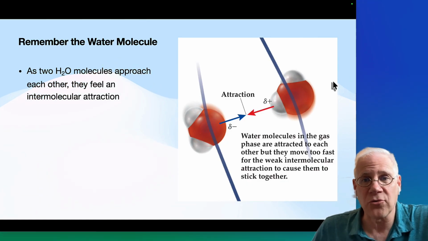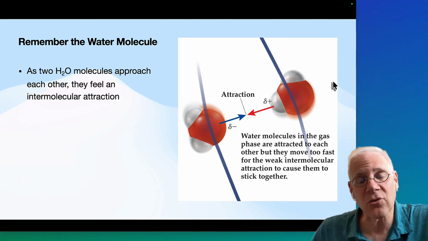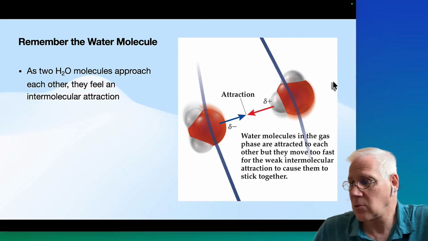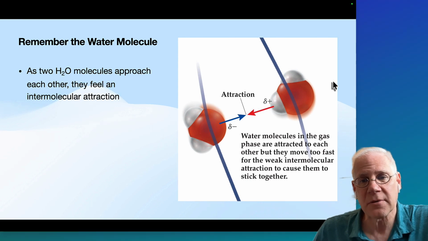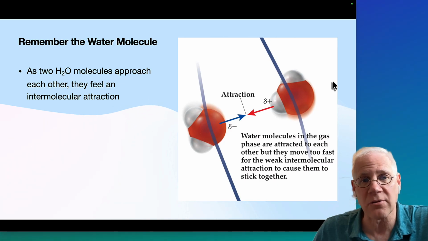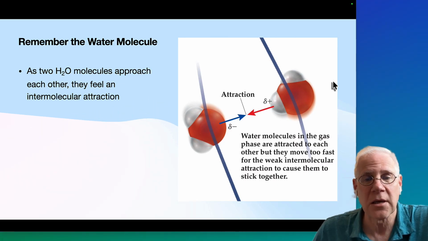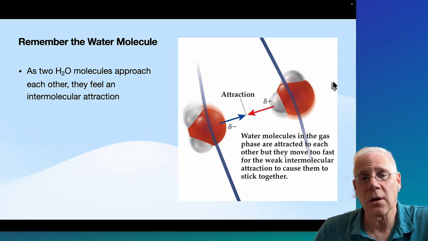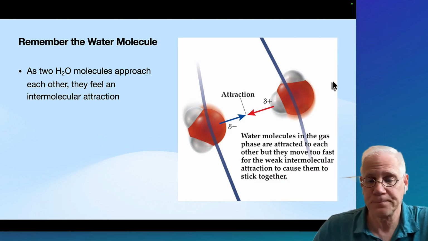Generally, when water molecules are passing each other in the gas phase, they're moving too fast in order to stick together. However, once you lower that speed enough, they can begin to stick together. It's kind of like moving magnets back and forth. If you move two magnets in your hands past each other very quickly, they won't stick together. But if you move them past each other very slowly, they will probably stick together.